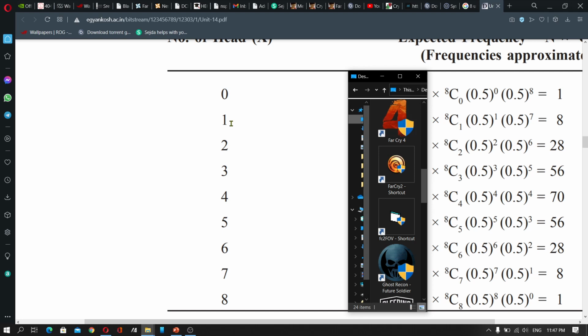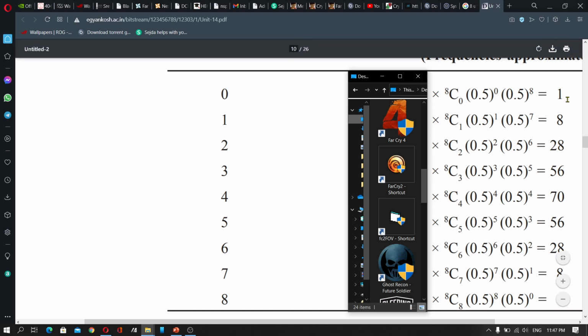Next one, x equal to 1. For x equal to 1, you will get 8 by 256. It's another question, that is why it is written 8 by 256. And next, if x equal to 2, the value will be 28 by 256. So now you have the values for x equal to 0, 1 and 2: 1 by 256, 8 by 256 and 28 by 256.